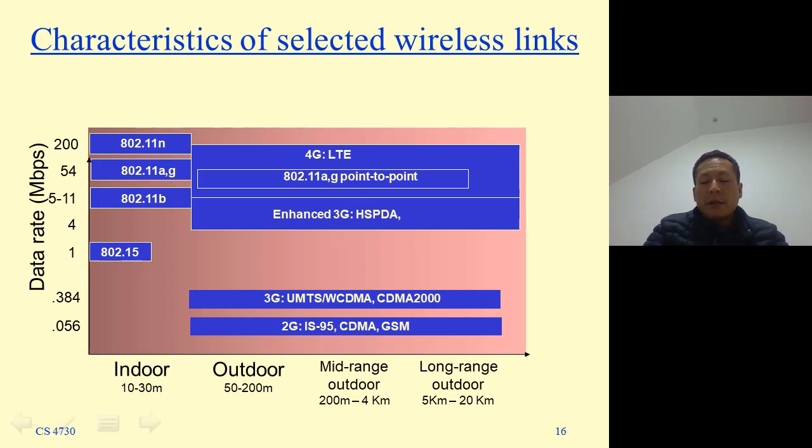Okay, there are a lot more, but this picture shows some very typical ones. You can see how different they are. In the middle, there are some 802.11a and g used for point-to-point connections, long-range P2P Wi-Fi. It can be used for backbone connections.